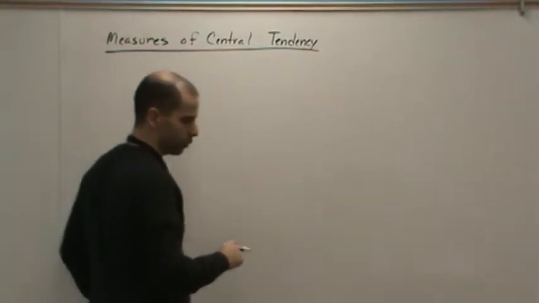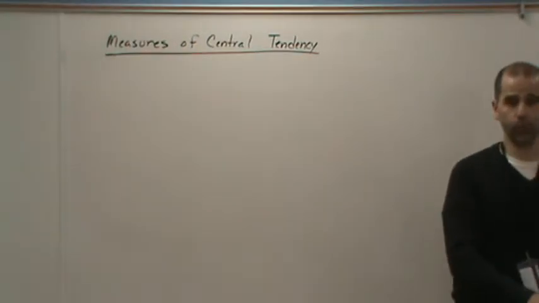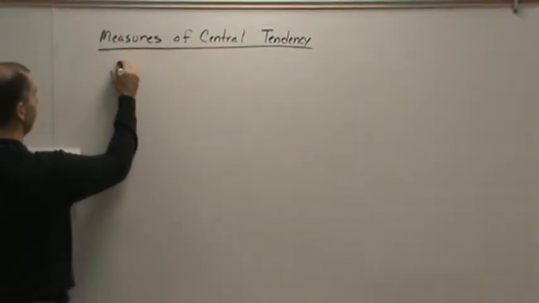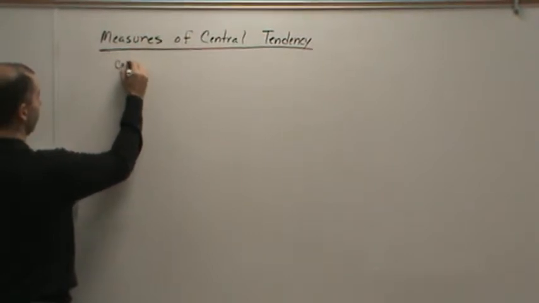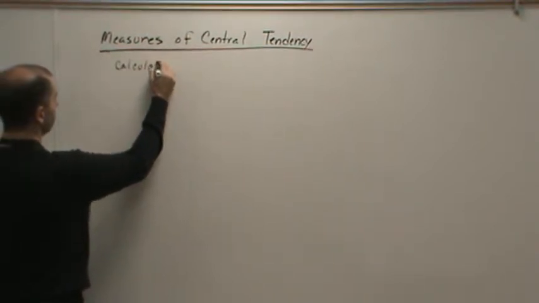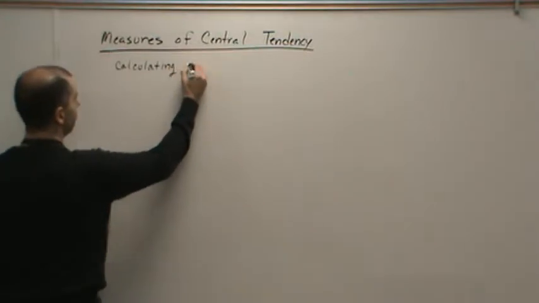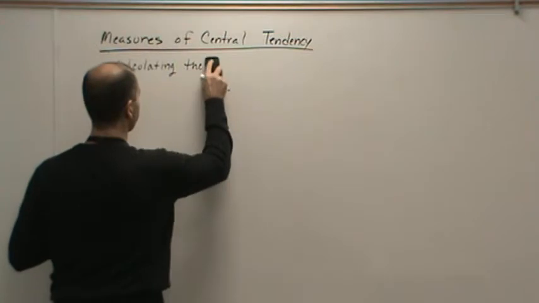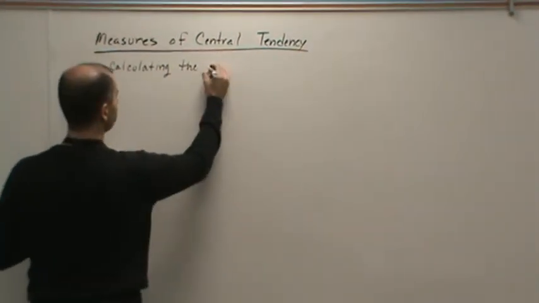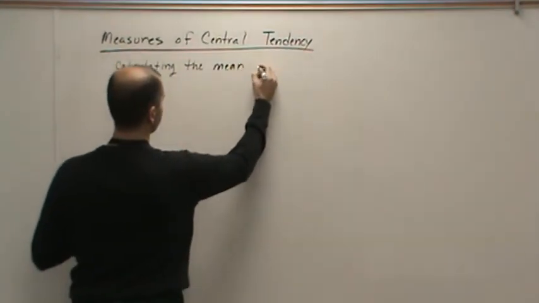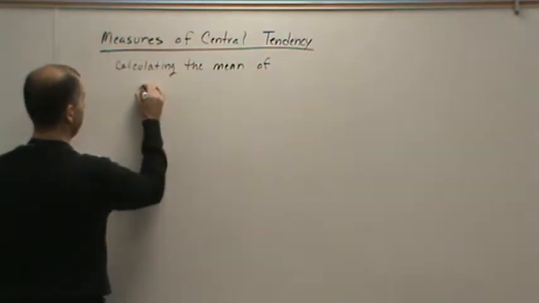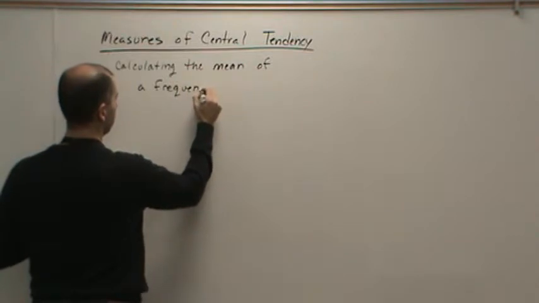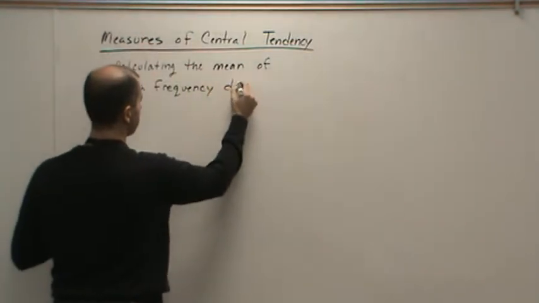So if I have an ungrouped frequency distribution, so let's use this as an example. So now we're going to do calculating the mean of a frequency distribution.